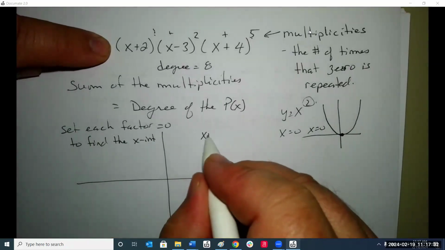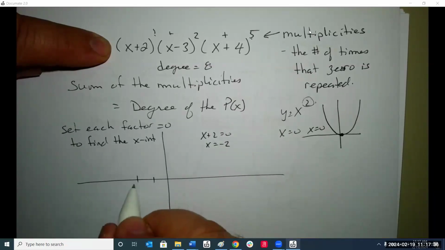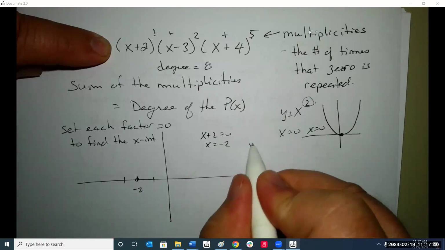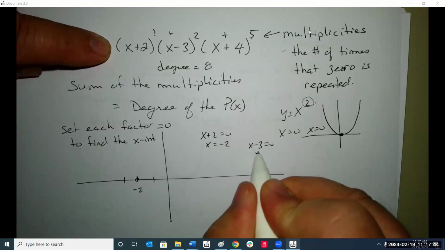So I have x plus 2 equals 0, x equals -2. X minus 3 equals 0, so x equals 3.